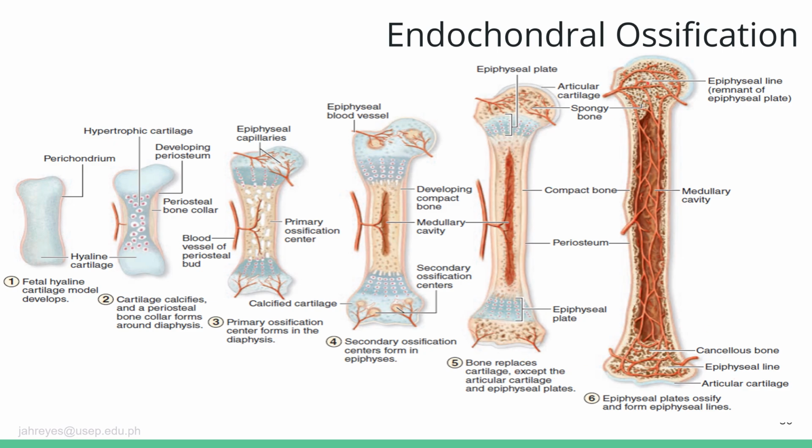And when the epiphyseal plates ossify, that is the end of the endochondral ossification. So the endochondral bone growth will begin in the second trimester of the fetal life, and that will continue up to early adulthood. So the growth in length of the long bones will depend on the presence of the epiphyseal cartilage.